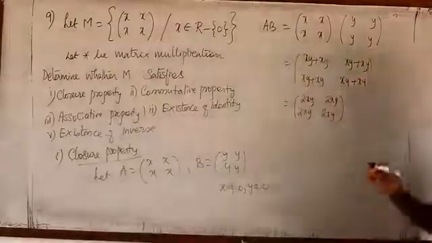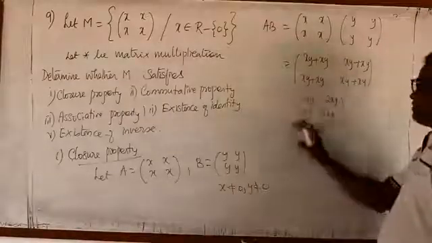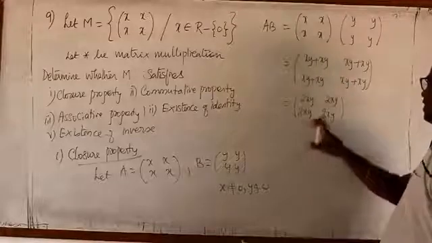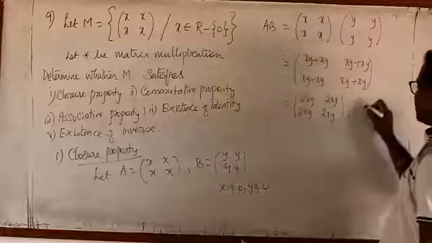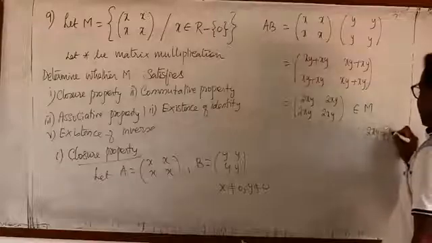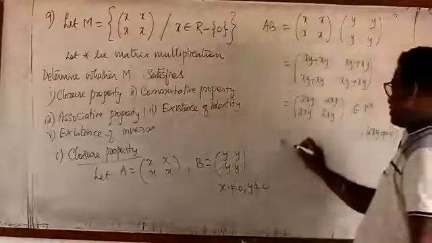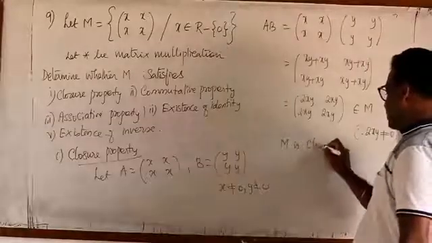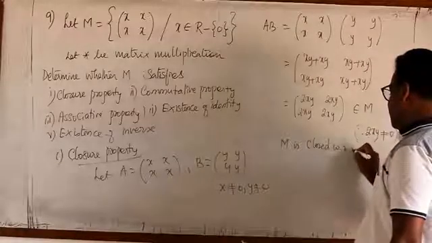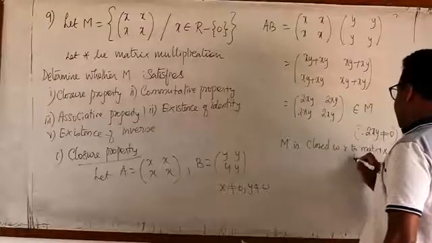Now see, am I getting a 2 by 2 matrix? First thing. Am I getting the same element repeated? Second thing. And also, this belongs to M since 2xy does not equal 0. Therefore, M is closed with respect to matrix multiplication.